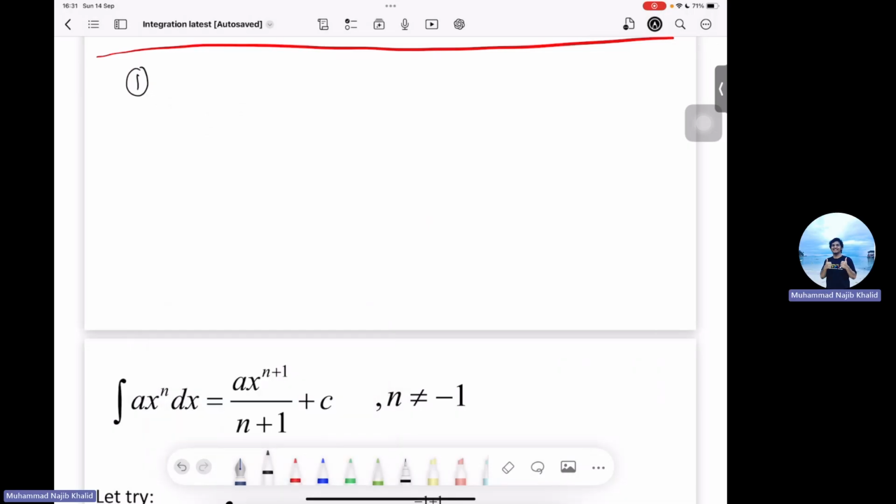Number 1: the integral of 1 over (3x minus 2) dx. And number 2: the integral of 4 over (x minus x plus 3) dx. I want you to solve these two questions using the method of substitution.